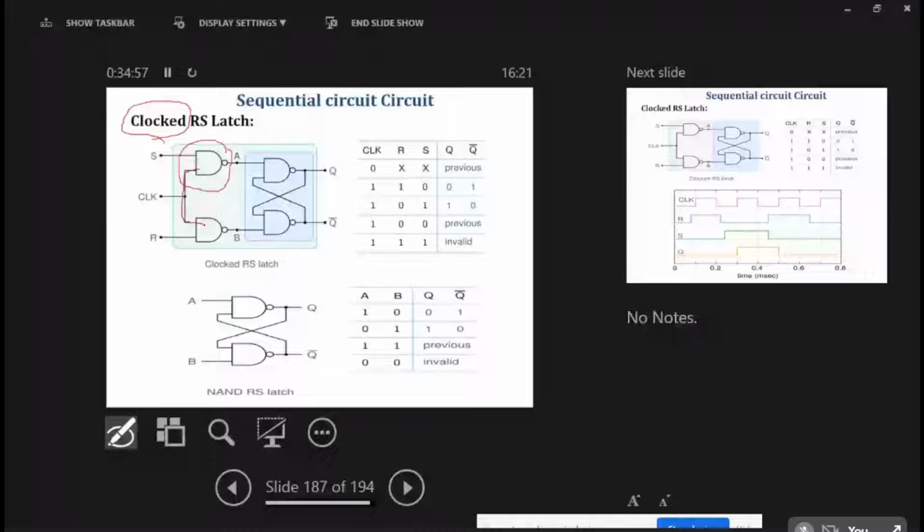Okay, so here, let us find out the truth table for this clocked RS latch. How many input terminals are here, if we include the clock and R and S? So three inputs are here.